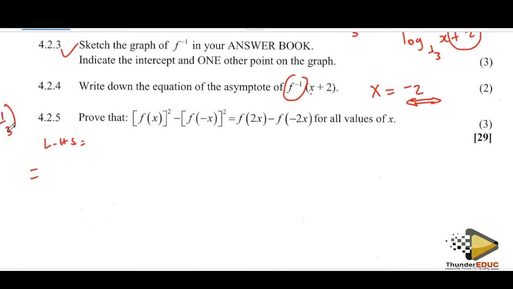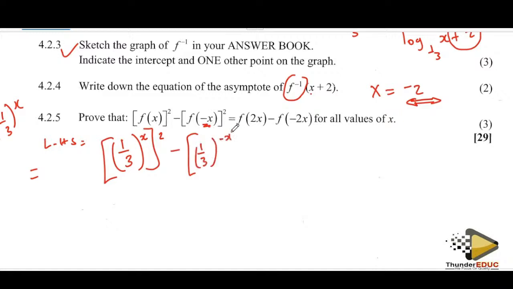It was 1 over 3 to the x. So I'm going to substitute that: (1 over 3 to the x) squared, minus, where there is x, I'm going to replace it with negative x: (1 over 3 to the negative x) squared.